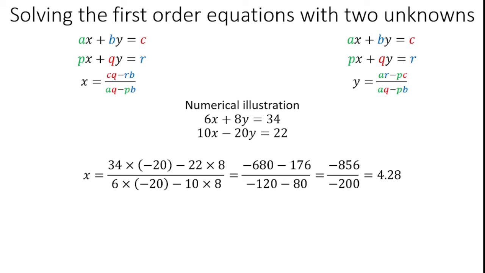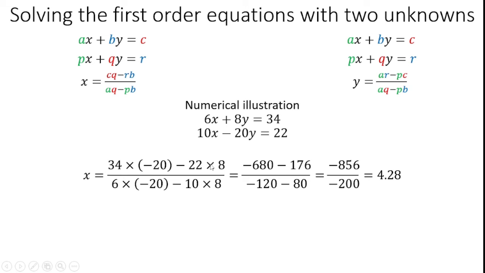Here you see x is equal to, I identify the unknown x value from this formula, which is cq minus rb divided by aq minus pb. Here what is the c value? 34. So I substituted here 34 into the q value, which is minus 20. So 34 into minus 20 minus the r value, here 22, so minus 22 into, what is b? Here you see the coefficient of y from the first equation is 8.